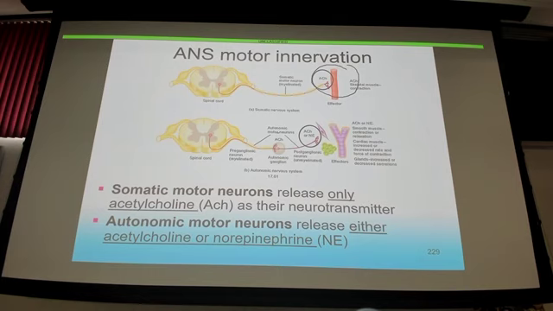All preganglionic axons of the autonomic nervous system release acetylcholine. Where the difference is autonomic nervous system, the postganglionic neurons will release acetylcholine or norepinephrine, depending on the site. That's the opener.